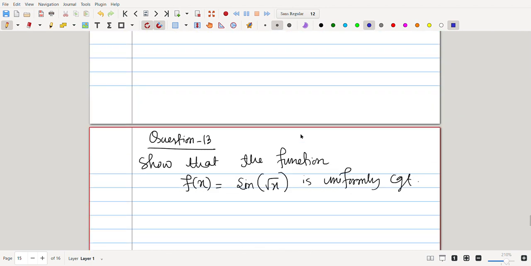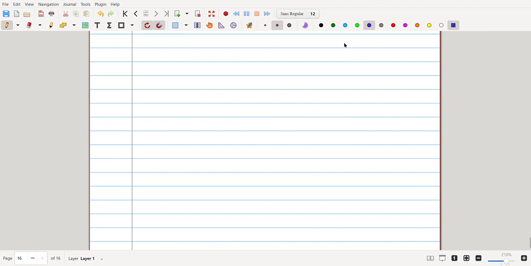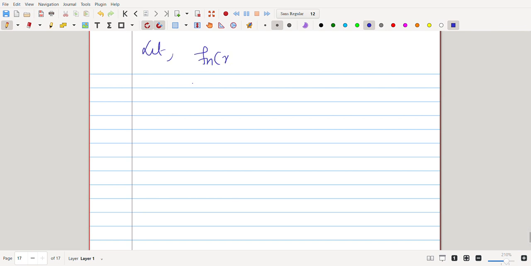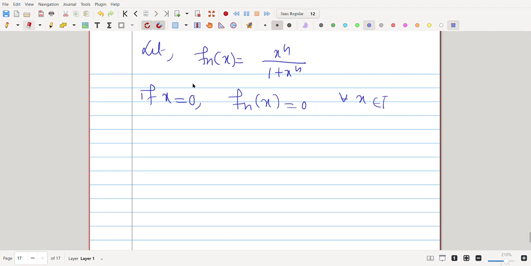I think here I don't have page, so I have to use some new page. It is better. So let f n x equal to x to the n by 1 plus x to the n. So if x equal to 0, then clearly f n x equal to 0 for all n.